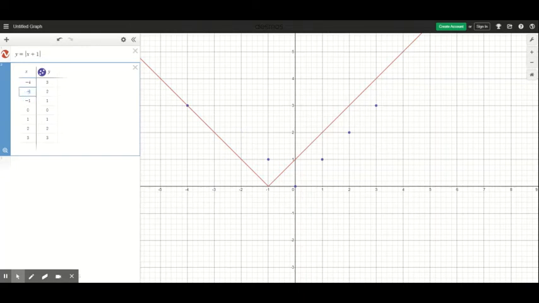And -2 has to be -3 because they add 1 and it turns into -2. -1 has to be -2, -1, 0, 1, and 2. And all of the points have moved left by 1.